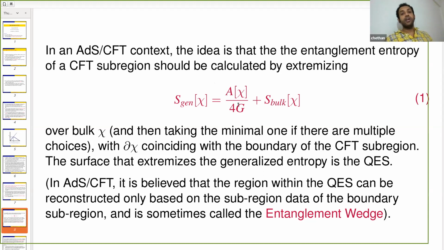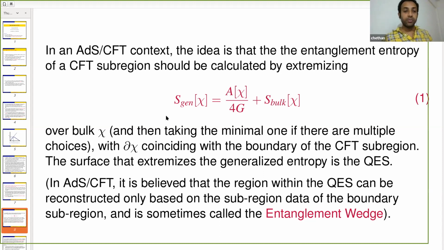Note that even though I presented this as S bulk of chi getting corrected by some piece which is area, this piece is humongous because it is 1 over G. So it scales extensively with some large N. But that's not something you should be too surprised by, because this is exactly what Bekenstein did. He added a huge term as a correction to a small term.